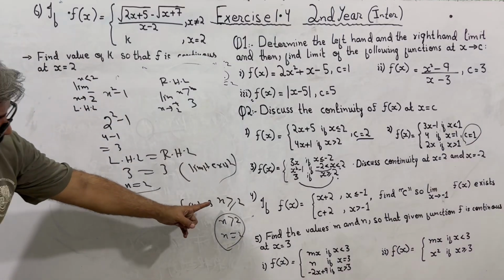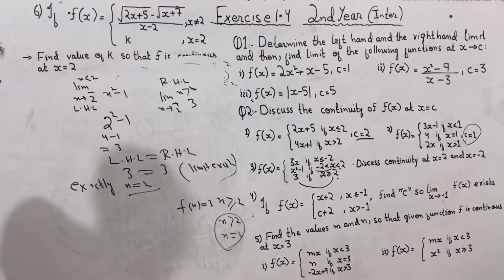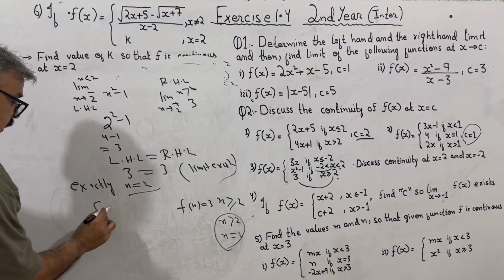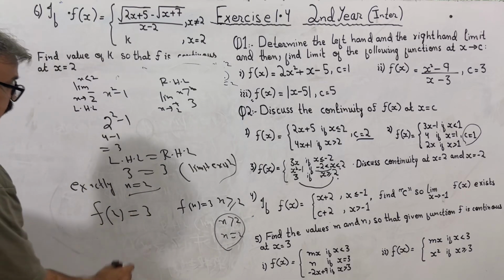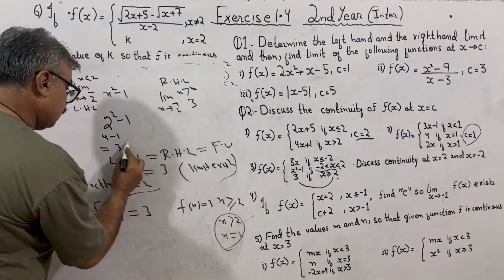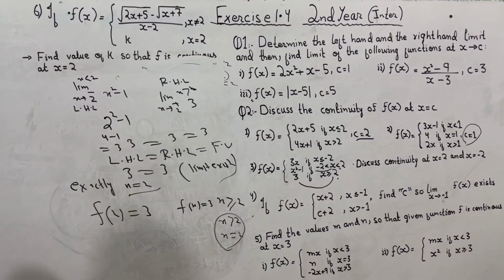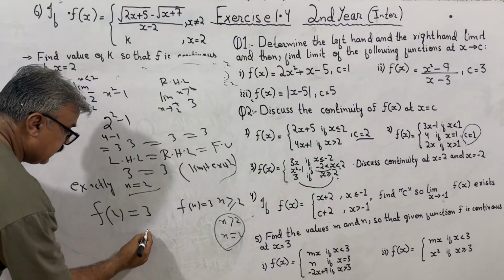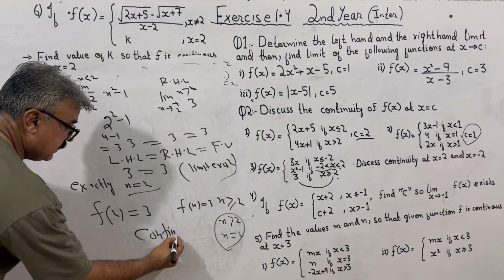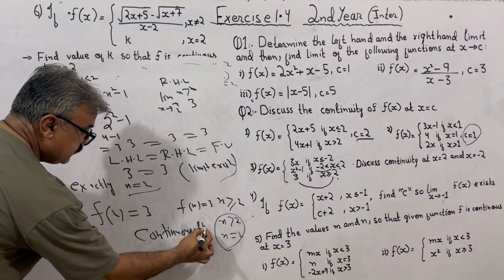So the function value is also 3, f of 2 is also equal to 3. So left hand limit, right hand limit and function value are all 3. So the function is continuous at x is equal to 2.